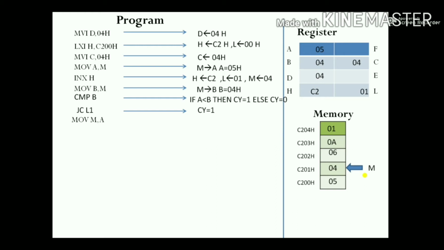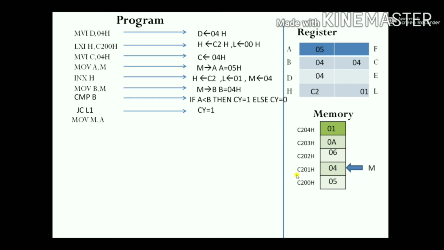If you have already learned a higher level programming language like C++, you take one temporary variable in which you can hold one value, and then you can exchange the values of the two variables. Likewise, here we have memory where 04 is already stored.